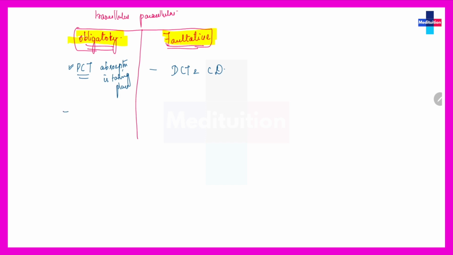Then the next question: is ADH necessary for PCT absorption? Antidiuretic hormone is not necessary for obligatory absorption. But in facultative absorption, which happens in the DCT and collecting duct, antidiuretic hormone is for sure needed. Then we have read about some channels, which are also very important.